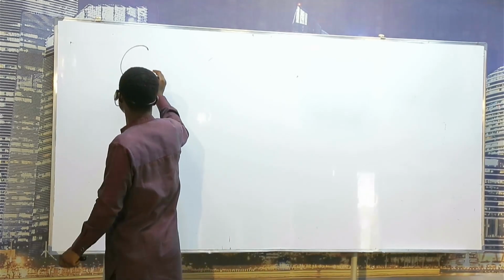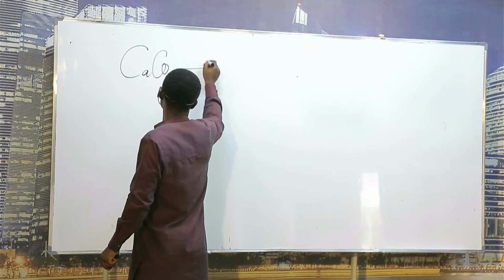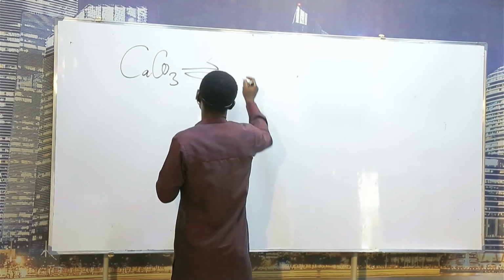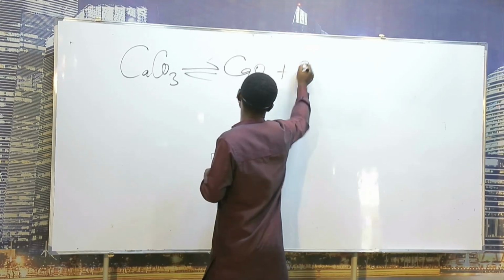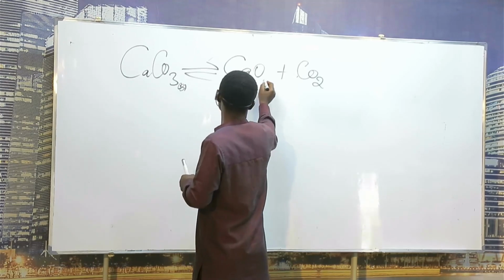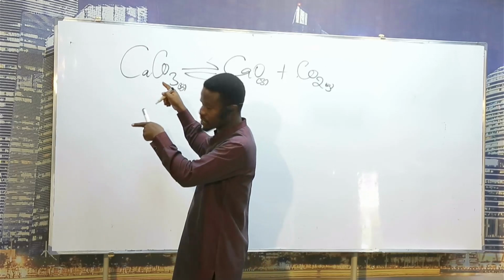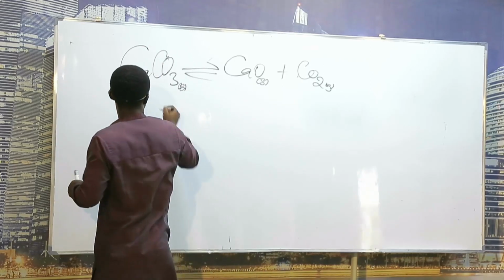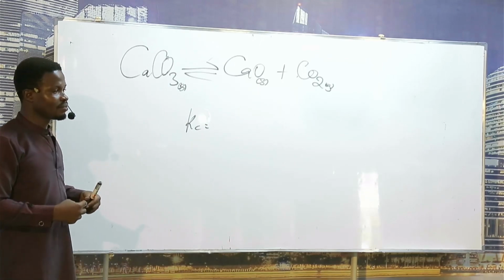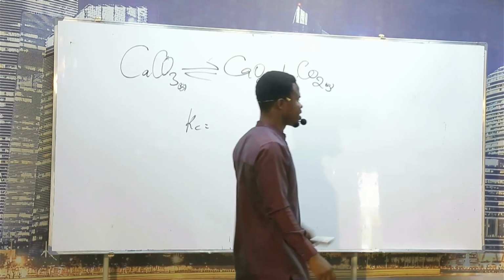Take CaCO3. Make sure you balance it. If you burn it, it will give you quicklime and CO2. This is a solid, this is a solid, and this is gas. Balance this equation first, then give me the Kc value.